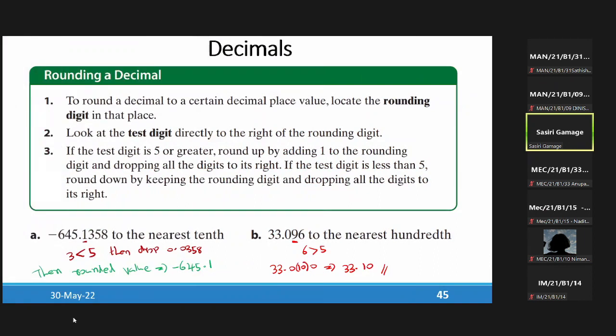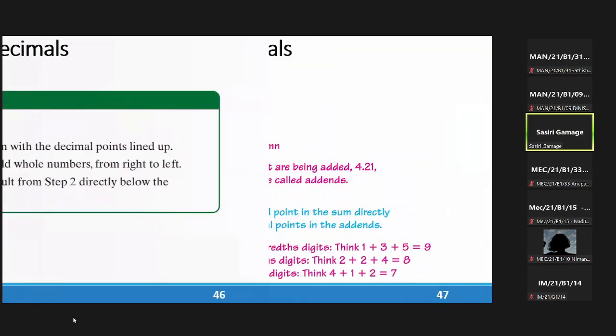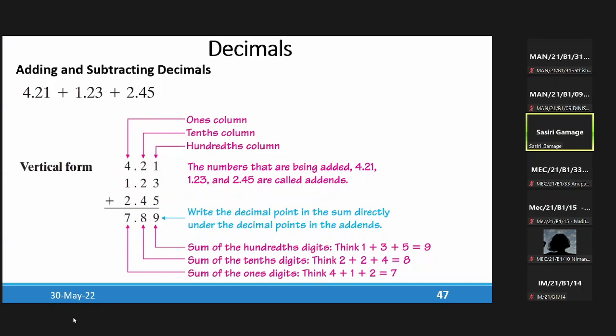And we did rounding as well. We rounded some examples here to the nearest tenth, the nearest hundredth. Then we did addition and subtraction for decimals, placing them and writing them in vertical manner.